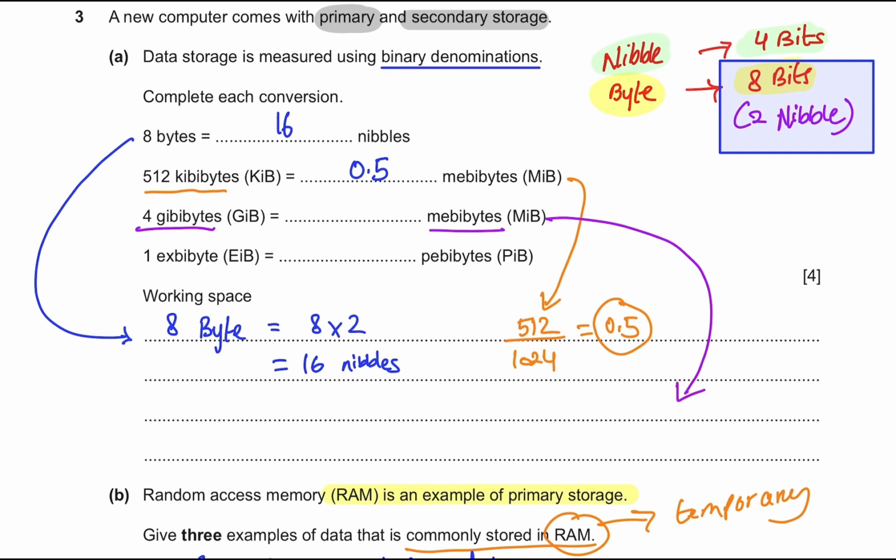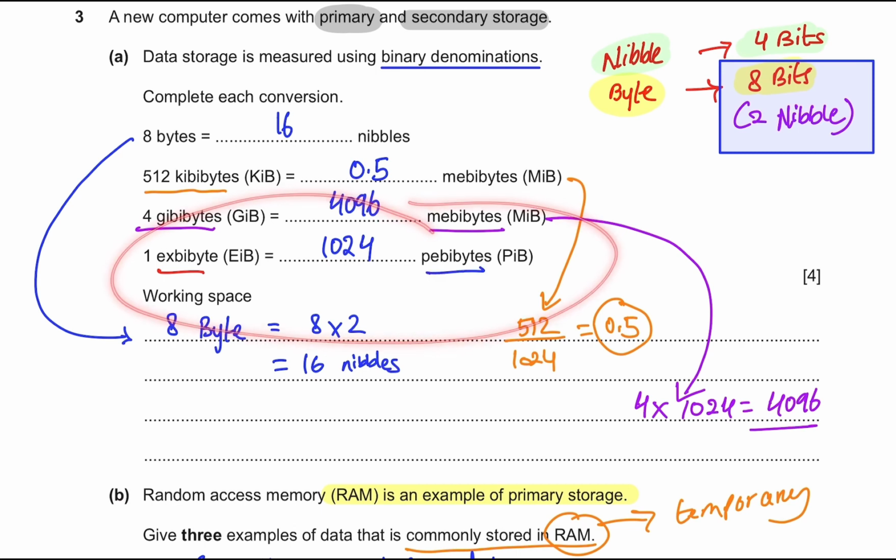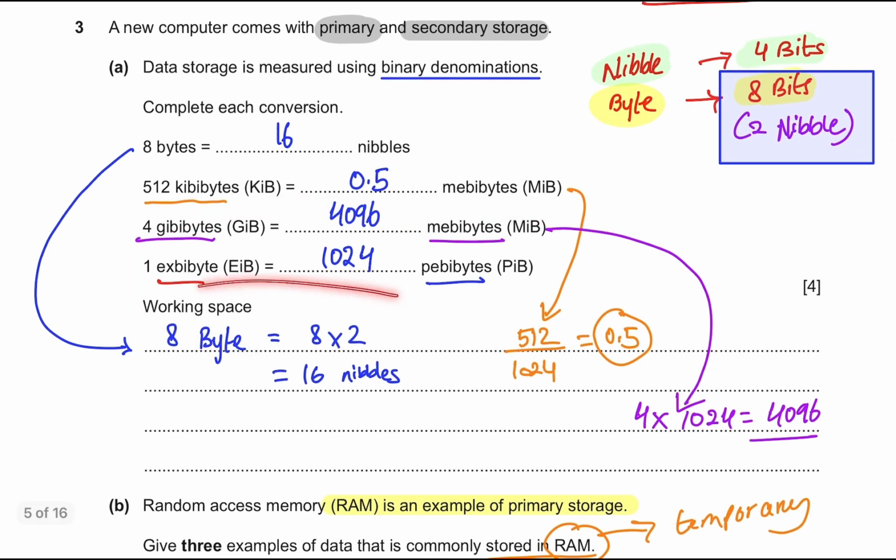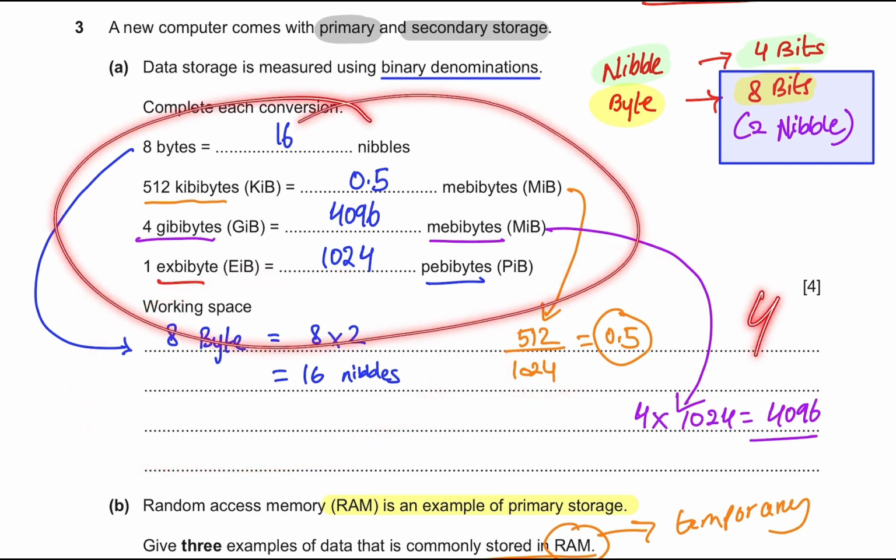So 4 multiplied by 1024 will give you 4096 megabytes. For the last one, 1 exabyte is equal to 1024 petabytes. These are the formulas you need to learn in order to get the answers. If you show the working, you will get all the 4 marks along with the 4 answers.